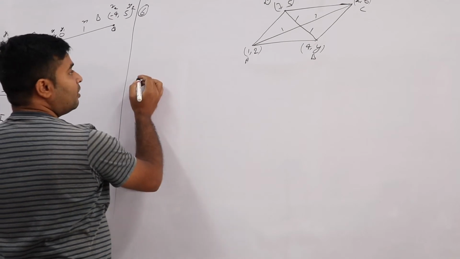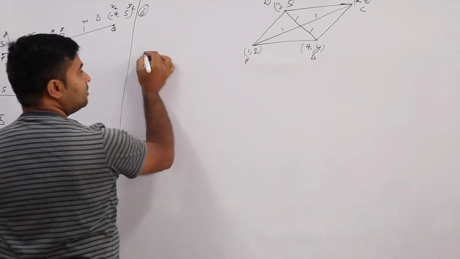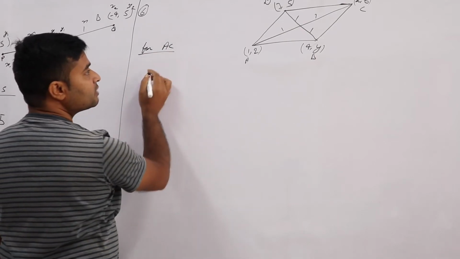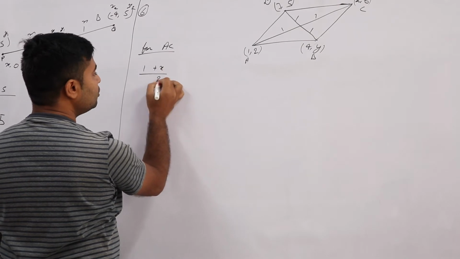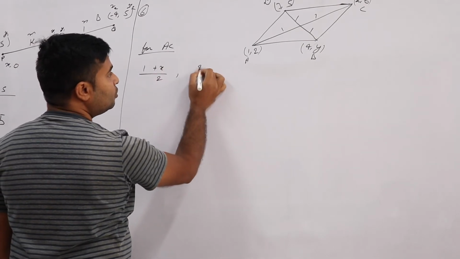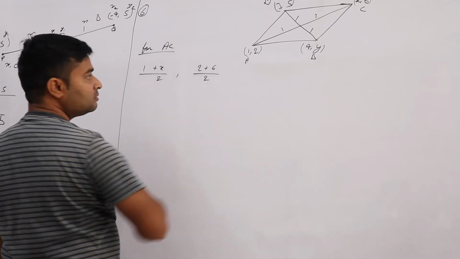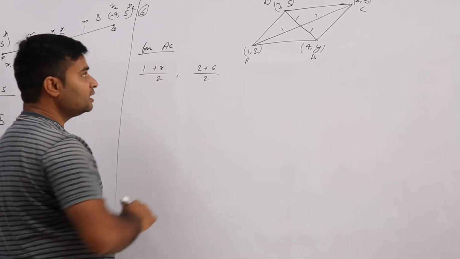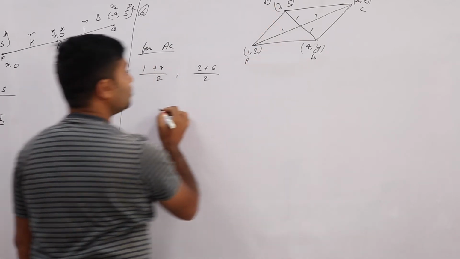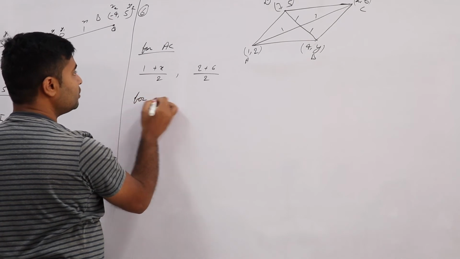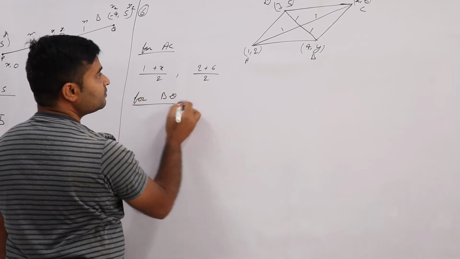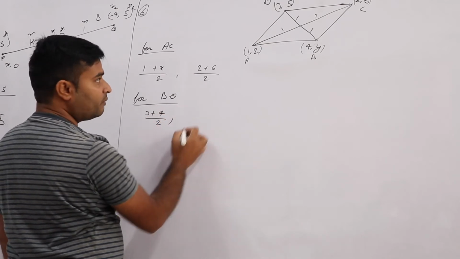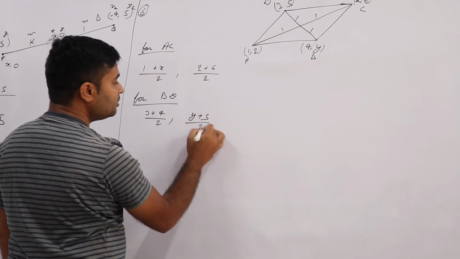So for this line AC, we are finding for AC: (x1 plus x2) by 2, that is 1 plus x by 2 comma 2 plus 6 by 2. This is the x coordinate, this is the y coordinate. Now for BD: 3 plus 4 by 2 is the x coordinate, and the y coordinate is y plus 5 by 2.